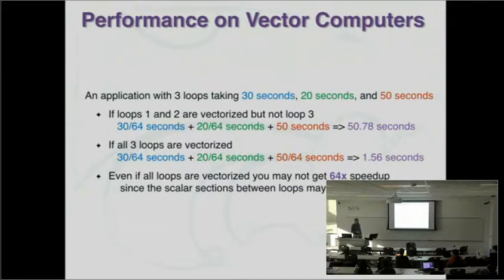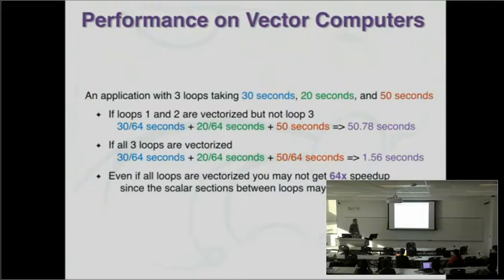Okay, but we would like to see closer to a 64 times increase. So what I'm trying to get across here is, in order to get your code to vectorize or parallelize and get a good speed up, every part of your code needs to be vectorized. It's that last little bit that has the trouble that will cost you in the long run.